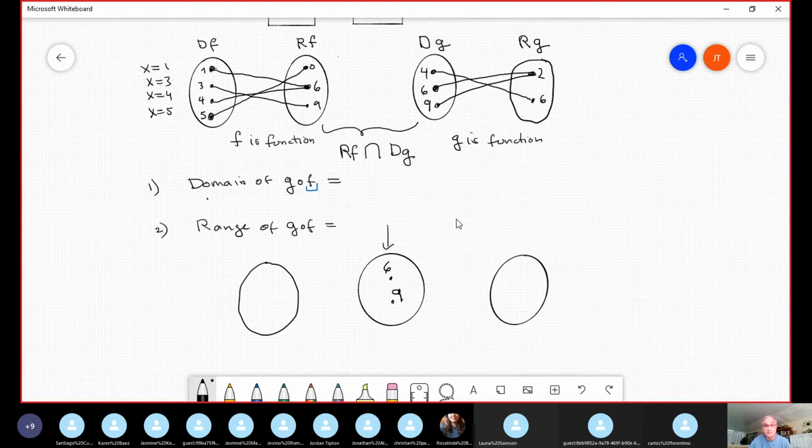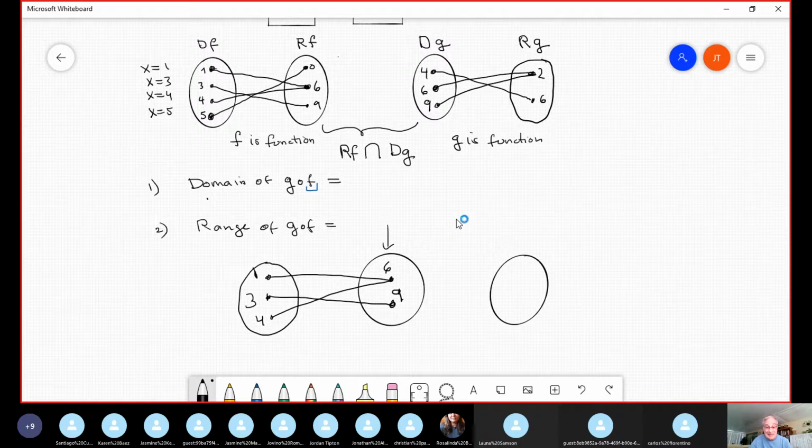Okay, and this is the intermediate set working like the range of F in the composition, or the domain of G in the composition. So when I write the same thing, 1 is associated with 6, and 3 is associated with 9, nice. And 4 is associated with 6 again. And 5 is completely out because 5 is associated with 0.